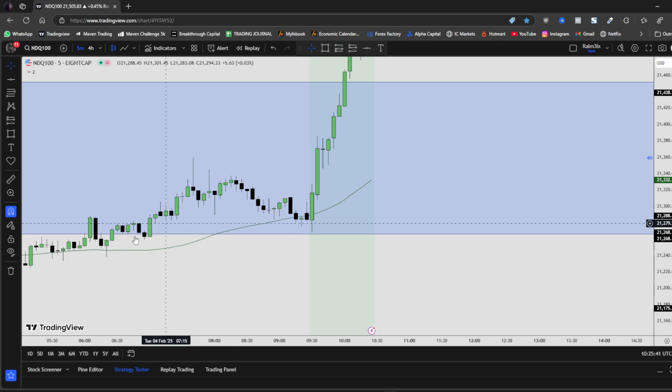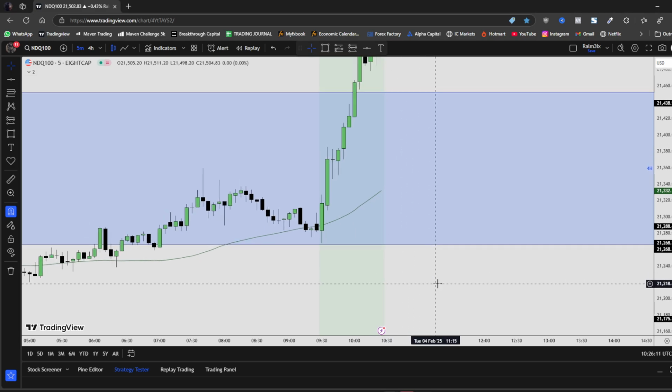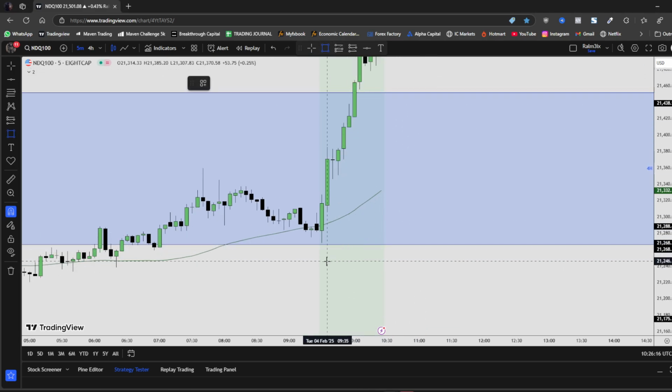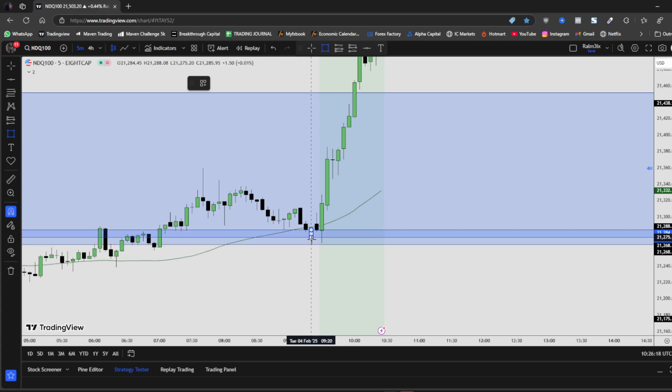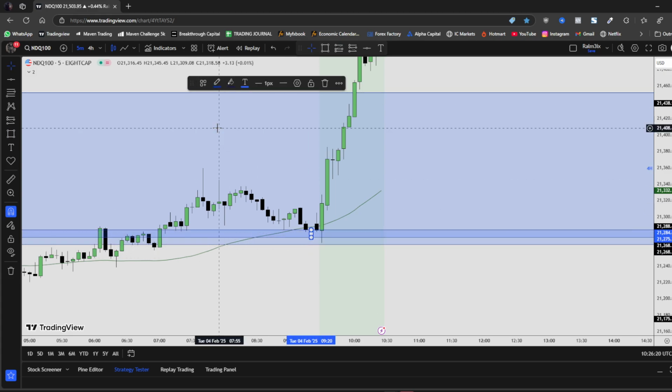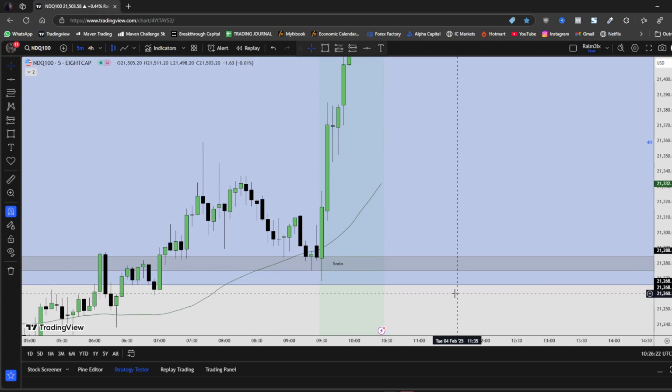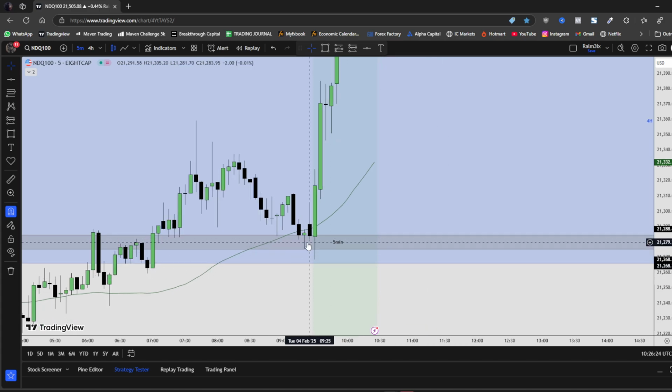So, let me see here. As you can see, I never trade the first candle, okay? So my zone for sells was the most recent support, this one, and this one is valid. Why?